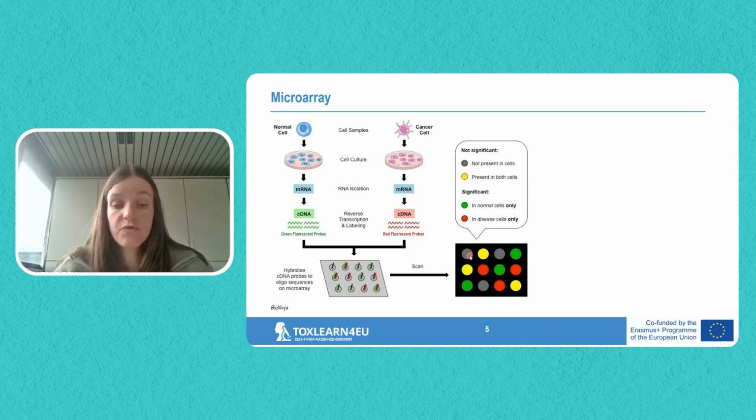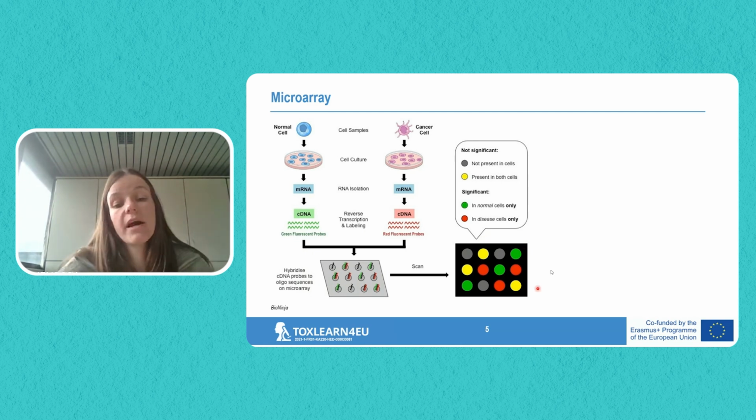When the spot is gray or black, it means that the gene is not expressed in any of the cells. When it is yellow, it means that the gene is expressed in both the normal cells and the cancer cells. When the spot is green, it means that the gene is only expressed in normal cells. When it's red, it's only expressed in the cancer cells. And of course, the color can vary depending on differences in expression between the cell types, so with a whole range going from green to red.